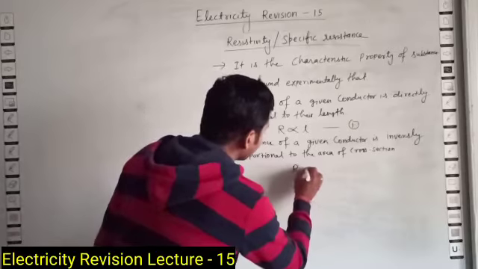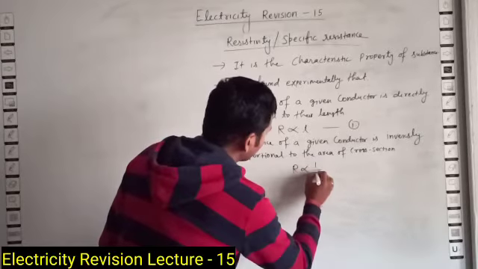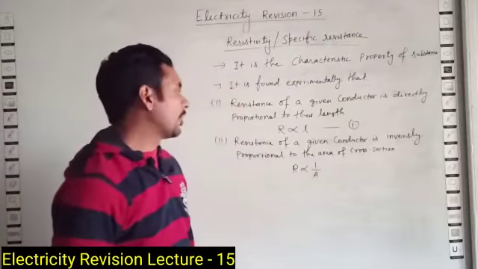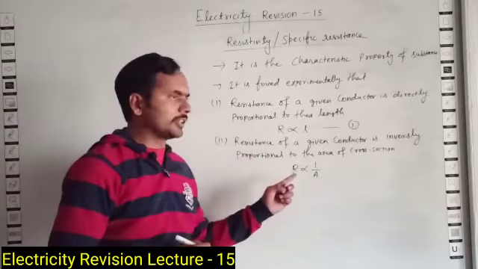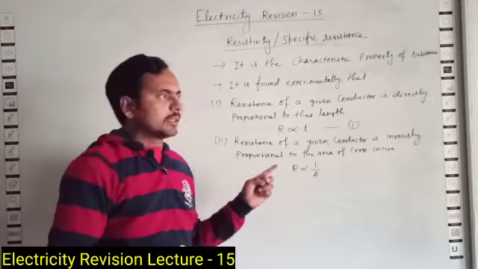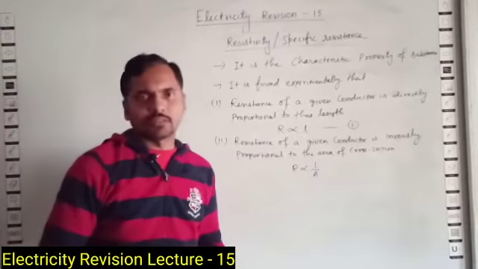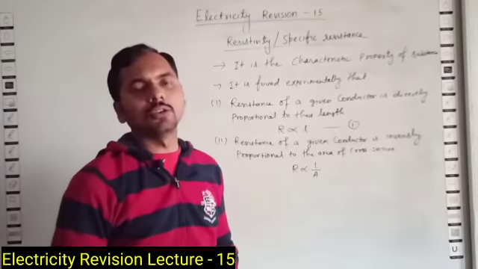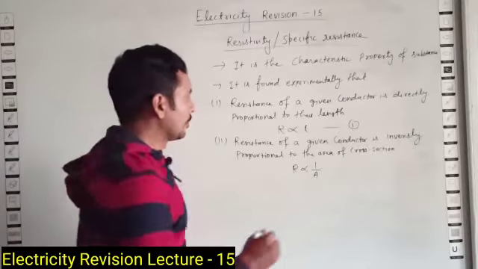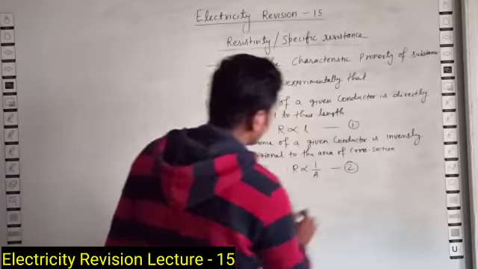So R is inversely proportional to the area of cross section of a conductor. We have already studied these two properties in the previous lecture, the factors affecting the value of resistance. Let's call this equation number 2.